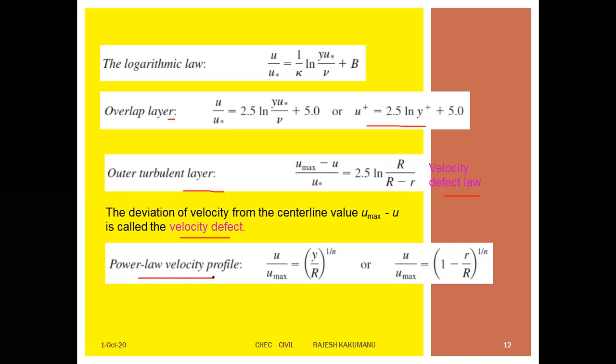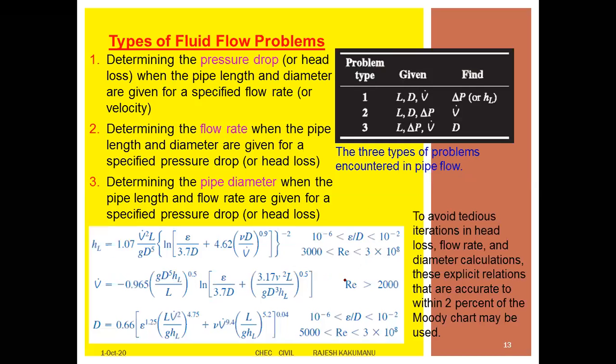Therefore, the power law velocity profile is u by u max is equal to (y by r) to the power 1 by n. Hope you are understanding. So majorly in turbulent flow, you can see how the velocity profile takes place and what the formulas associated with turbulent flow are, with respect to mass, energy and momentum.